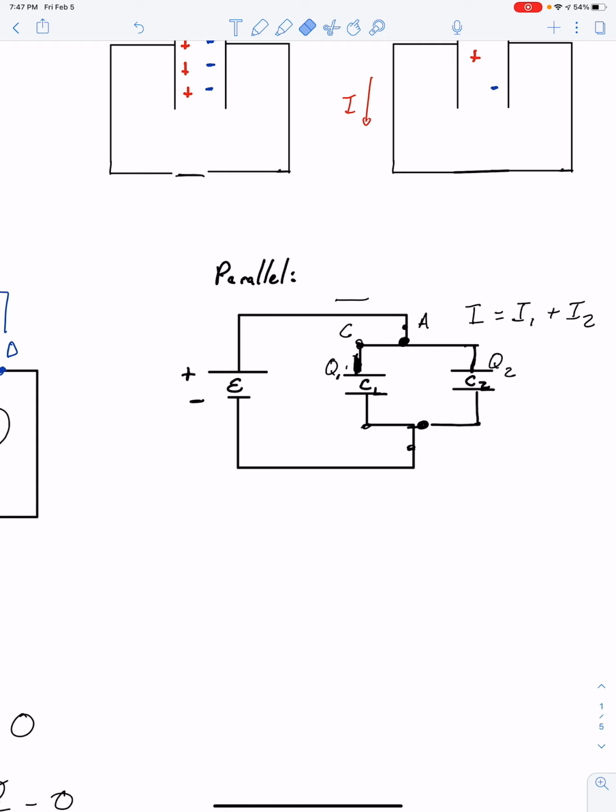It's not really affecting voltage, but it is affecting current.